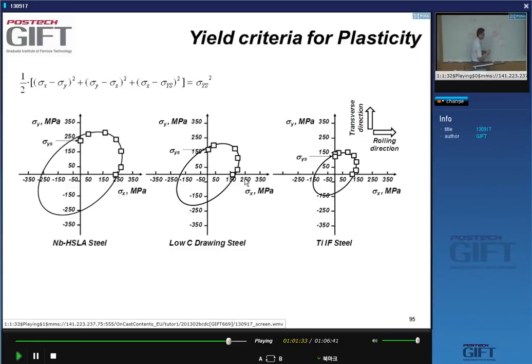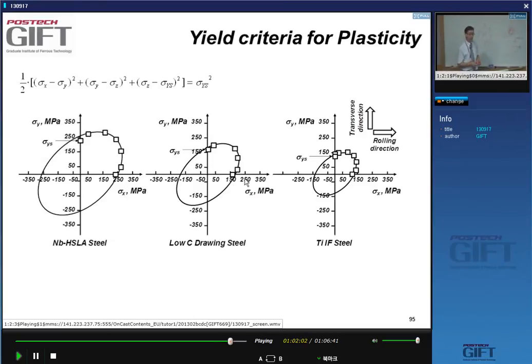So these points here are nothing else but the yield stresses in simple tensile situations. And then the different segments of this diagram represent different stress states.